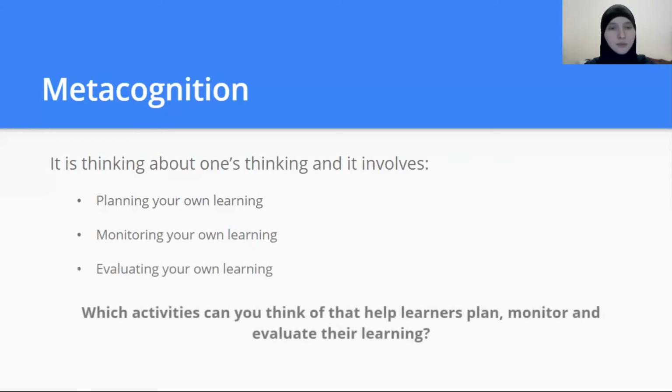Now, can you think of some activities which can help your students to plan, monitor, and evaluate their learning? I'm sure that you have a lot of ideas. Don't forget to bring them to our practical workshop so we can discuss different cases, different situations, and your tools.